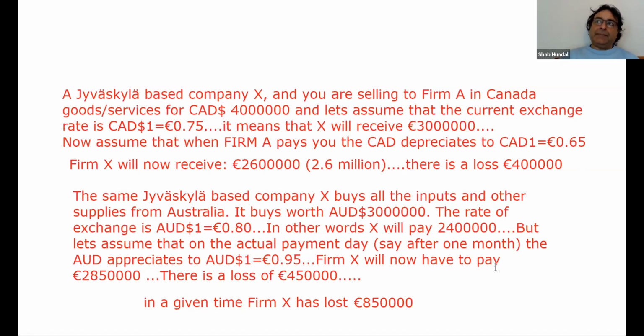The words appreciation and depreciation are only limited to Forex transactions. We don't say that we went to buy shoes and the shoes appreciated. These words are only reserved for Forex, which means foreign exchange matters.